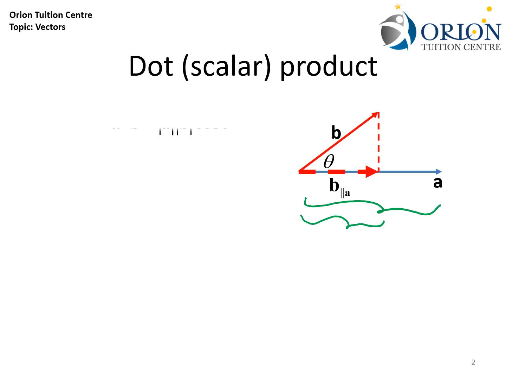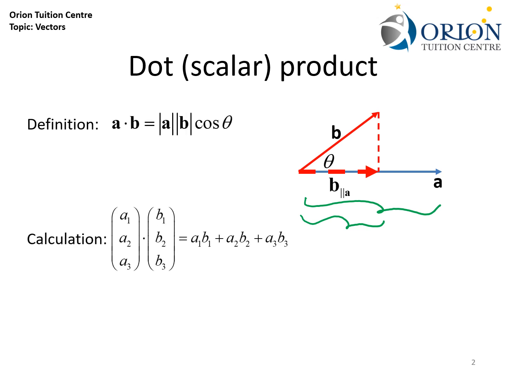If we are given the components of vectors A and B, we can calculate the dot product using this formula over here, where we will take the product of the terms of each row: A1 times B1, A2 times B2, A3 times B3, and we will add them up.